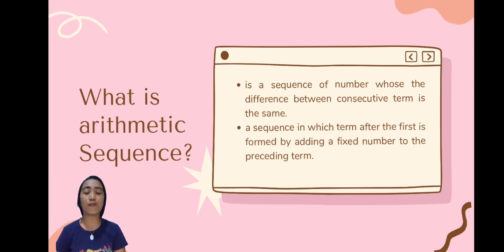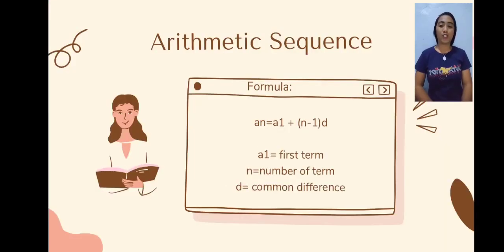And then if we find the fourth term, we will just add the common difference between the first term and the second term, and also the second term and the third term. To solve the arithmetic sequence easier, we will use the formula of arithmetic.